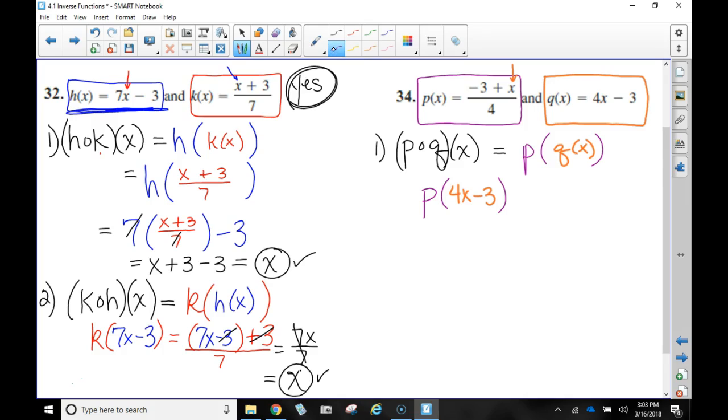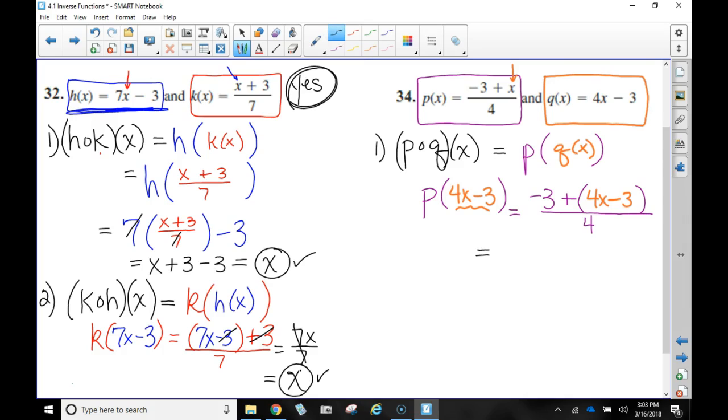Okay? Now, I'm going to have a negative 3 plus my function that I'm going to replace for x, all divided by 4. But instead of having an x, I'm told to evaluate it at 4x minus 3. So there it goes.